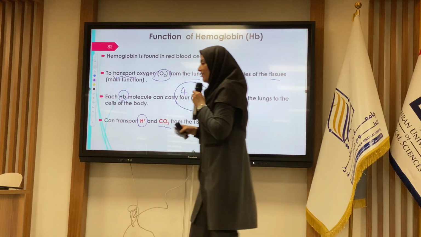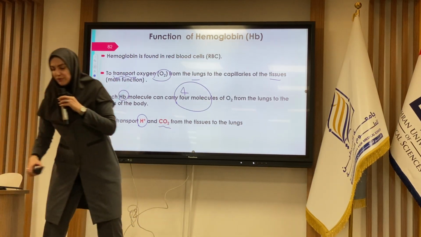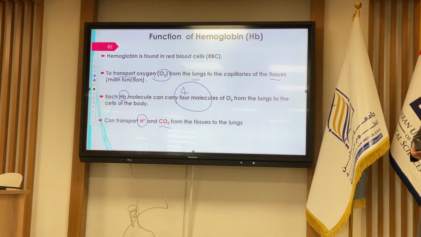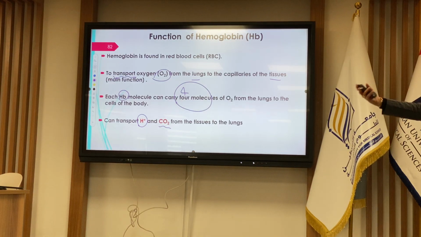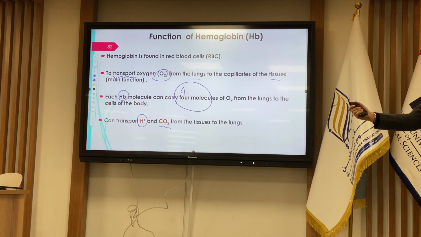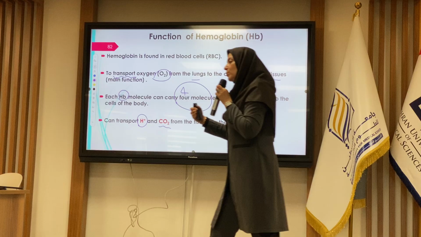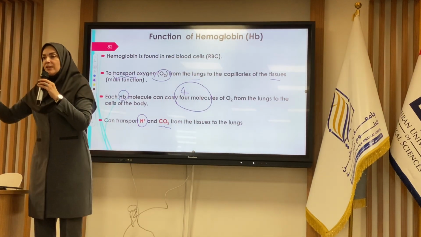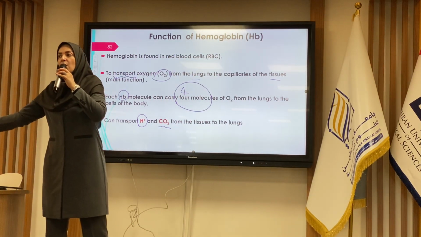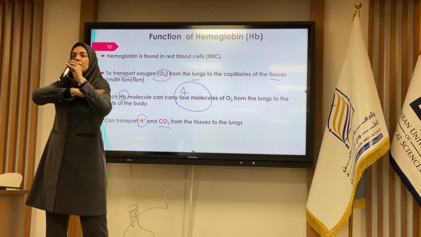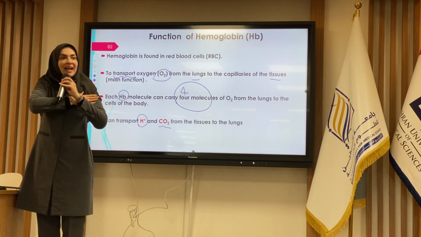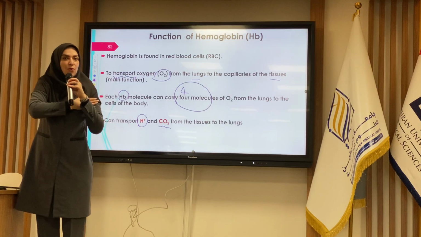So we have two forms. I want to explain the two forms of hemoglobin. In the lung, as I mentioned, you have a very open structure. This is the R form. So if I ask you, in the lung, what is the form of hemoglobin? R. Open. But whenever it reaches the tissues, after releasing oxygen one by one, the structure will close and the shape converts to the T form.